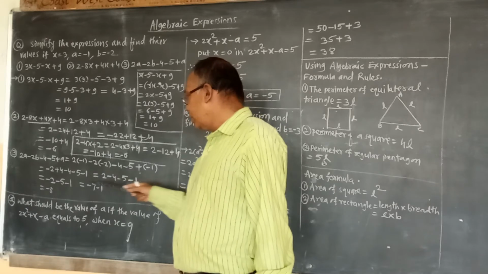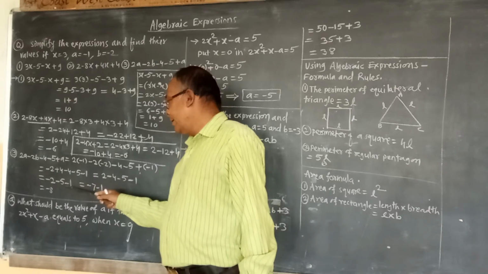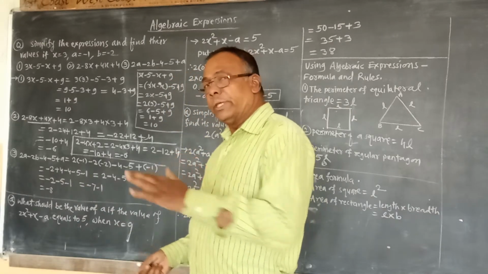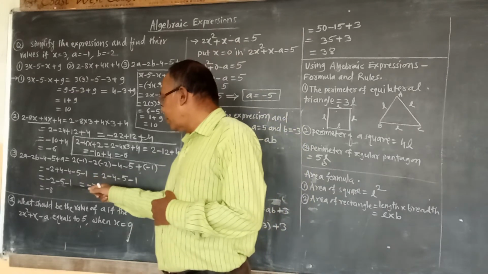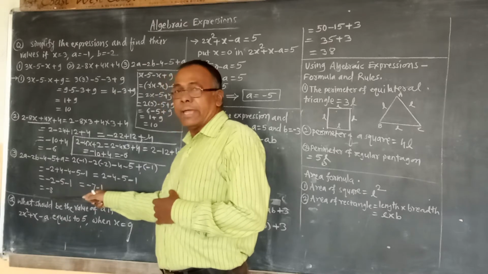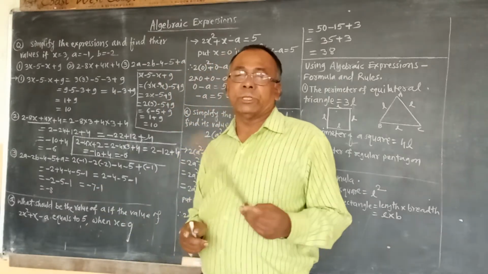Here 2 minus 4 is minus 2, minus 5 minus 1. Since all the terms have the same sign, we can add, means 2 plus 5 is 7, 7 plus 1 is 8. So minus 8 is the value of the expression.